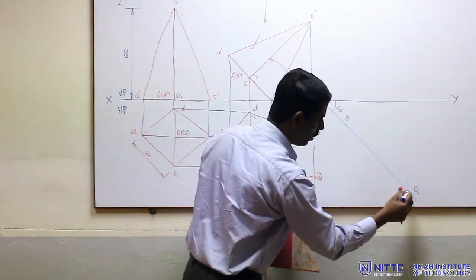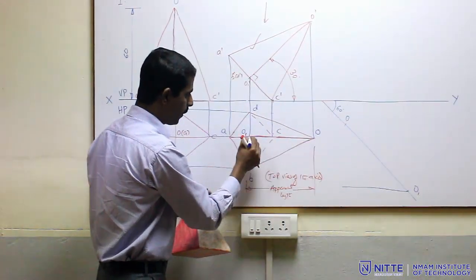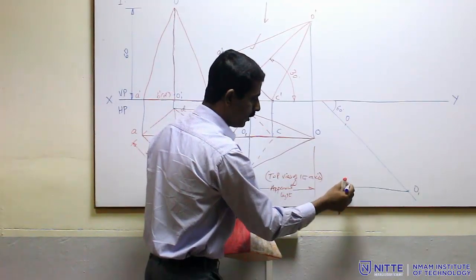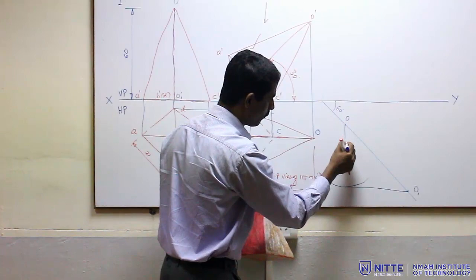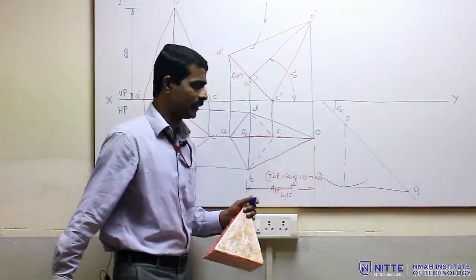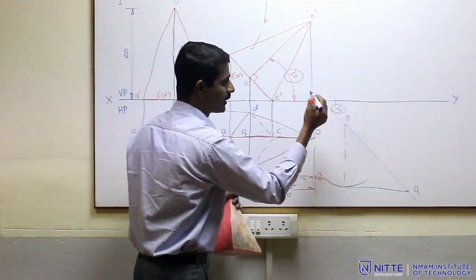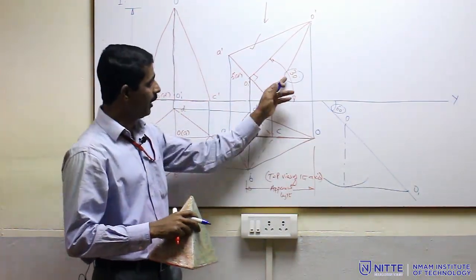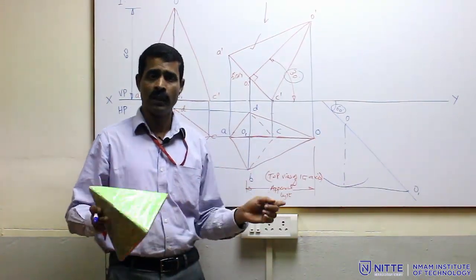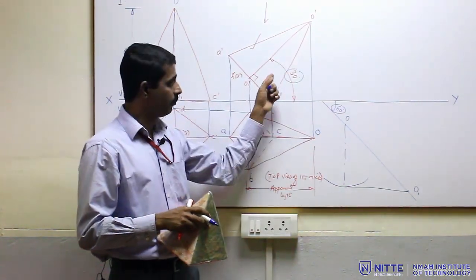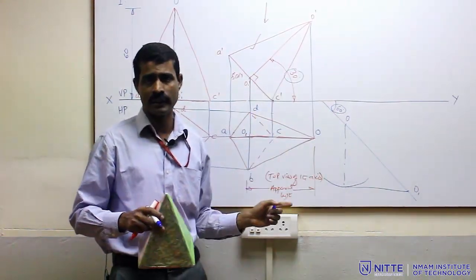Then draw a locus line, measure the apparent length, and from this point cut it on the locus. Here it will cut this way, because the inclinations are 30 and 60. Whenever theta and phi are 30 plus 60, that is 90, beta automatically becomes 90 degree. Beta is 90 only in this case, where 30 plus 60 is 90, not in all cases.